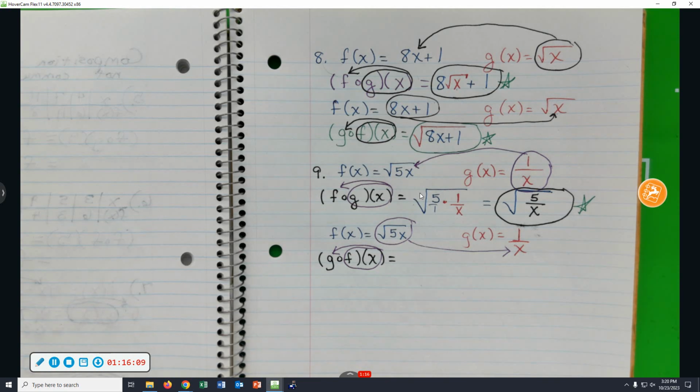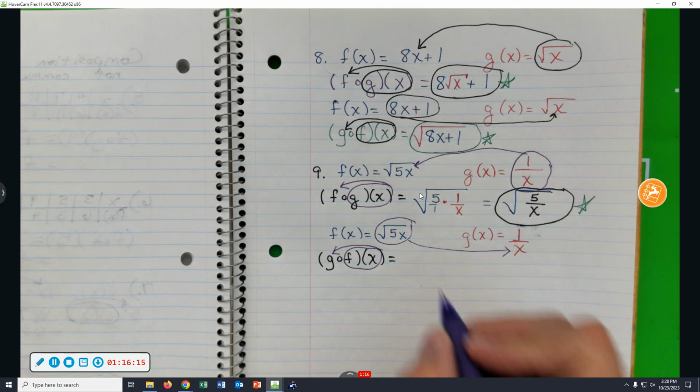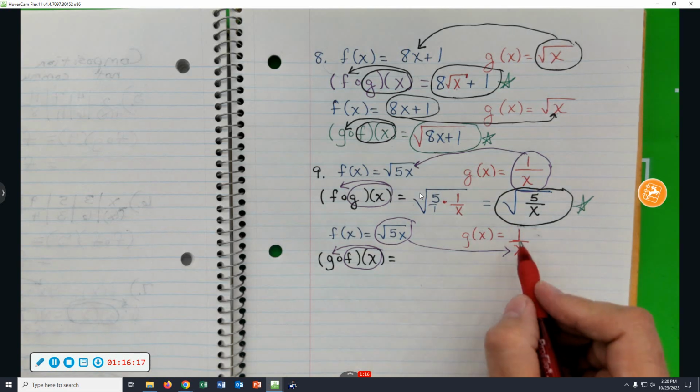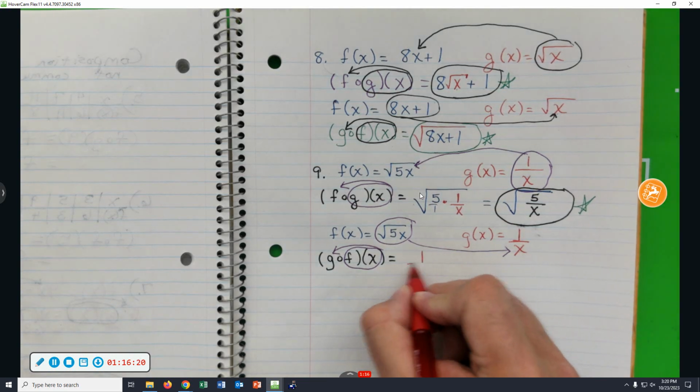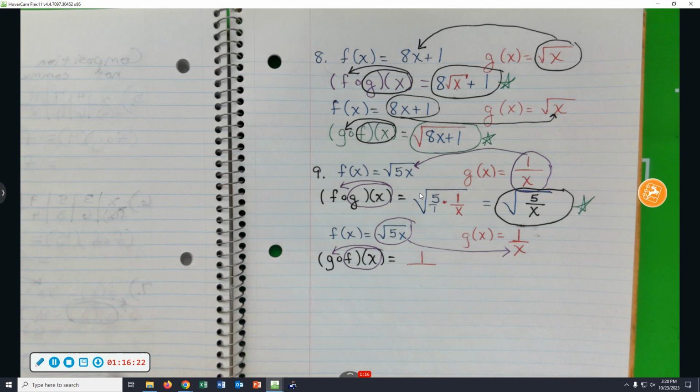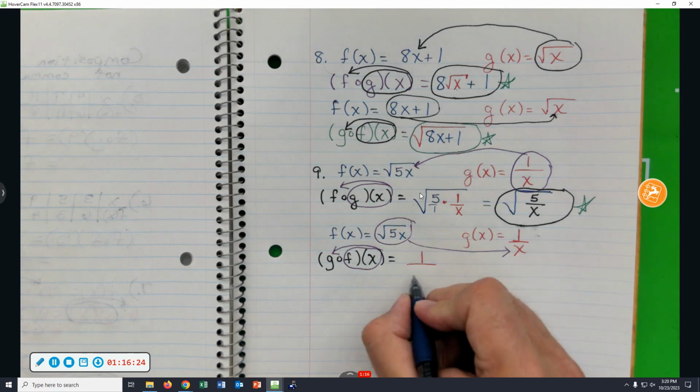And it might look to you like I'm just writing the problem down and writing out the answer, and I sort of am. Okay? So I write the red 1 over, and in place of the red x, I put the blue square root of 5x.